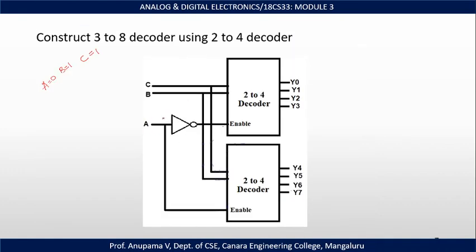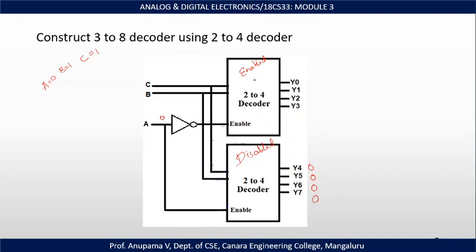Now A is 0. Since A is 0, the upper 2 to 4 decoder is enabled and the lower 2 to 4 decoder is disabled, that is Y4 is 0, Y5 is 0, Y6 is 0, Y7 is 0.